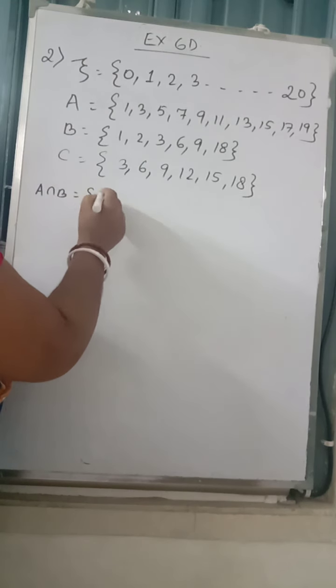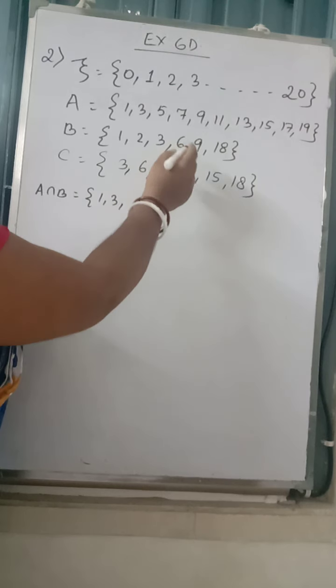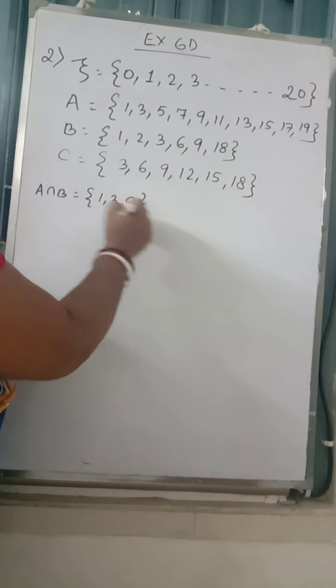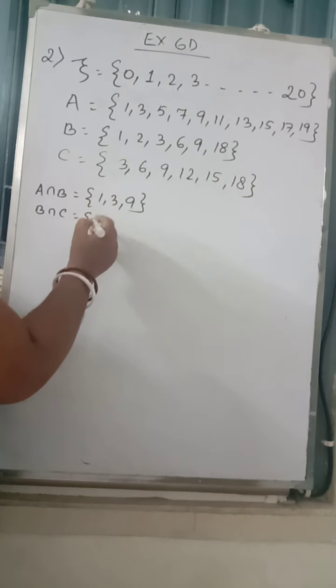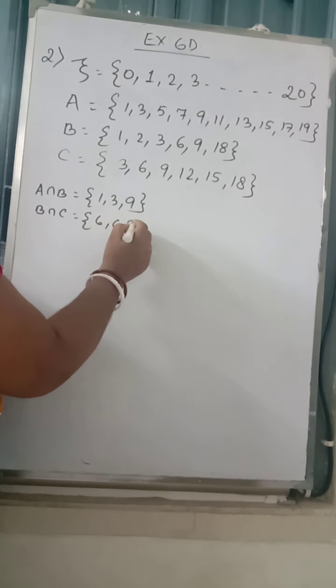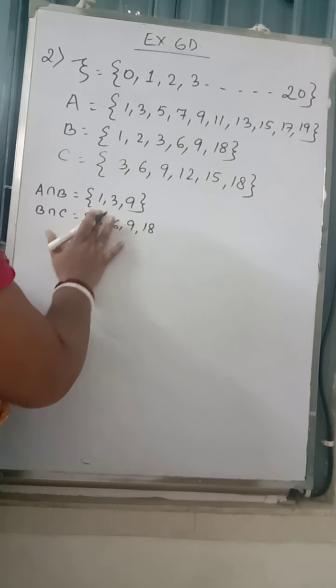So A intersection B, we have 1, 3, 9. B intersection C, we have 3, 6, 9 and 18.